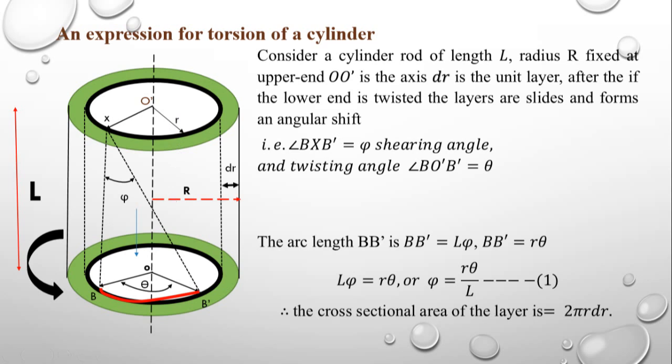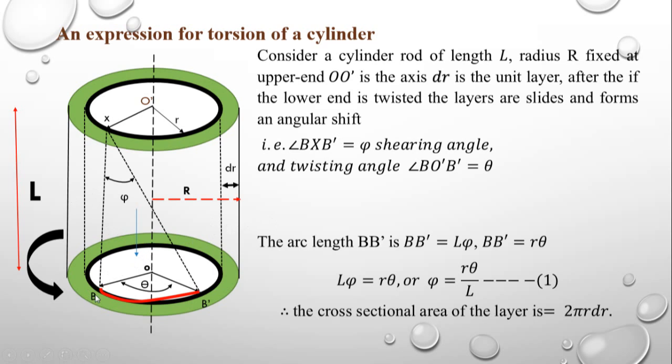If the cylinder is subjected to twisting by applying the torque on the bottom plane, and it is twisted in this direction, initially the line XB was parallel to all the lines existing in this cylinder. O O dash is the axis of the cylinder, and the line XB is parallel to O O dash and to the outer surface of the cylinder.